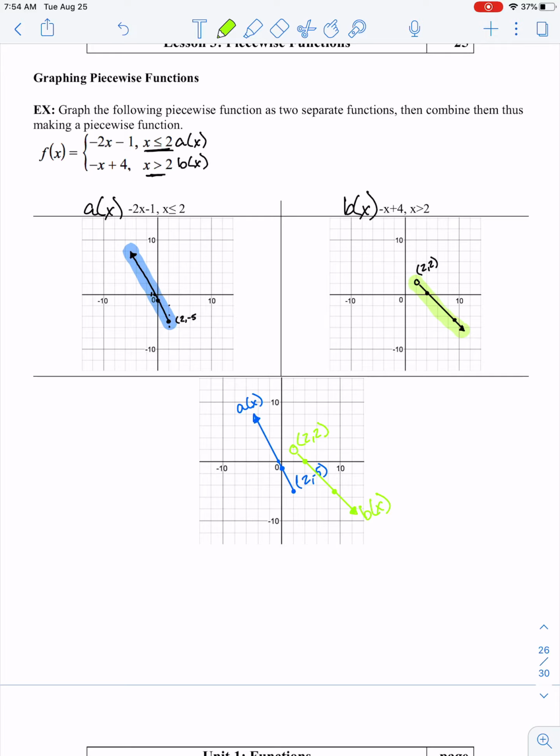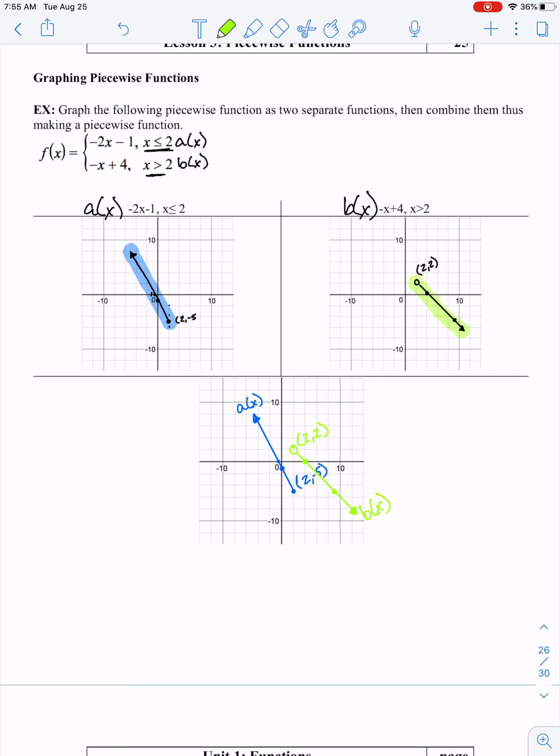Start off by plotting each piece individually, label it so you know which one you're looking at, then put them all together. Something that I like to do, because we have multiple choice questions, is to label a of x, plot the first one, plot the second one, plot the third one, whichever one you think is going to be easier, less typing in Desmos, and then go look at your answer choices A, B, C, D, and match.